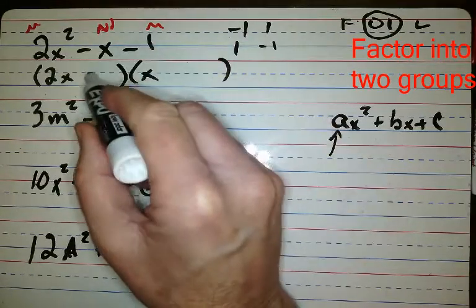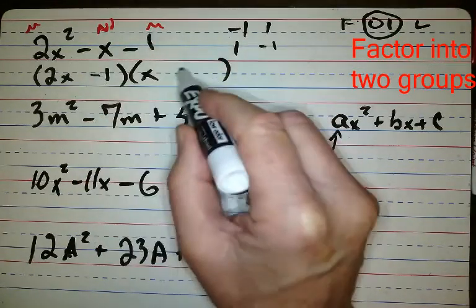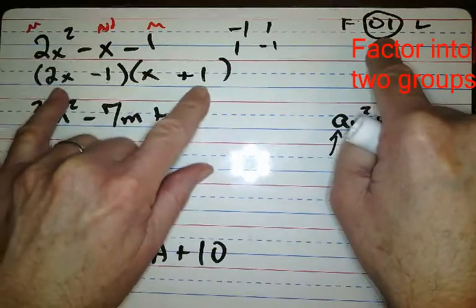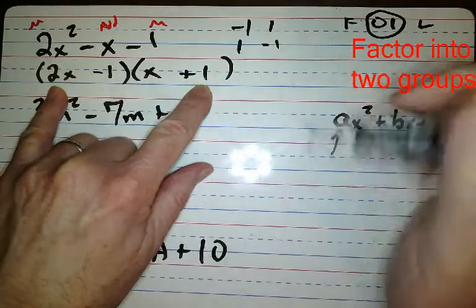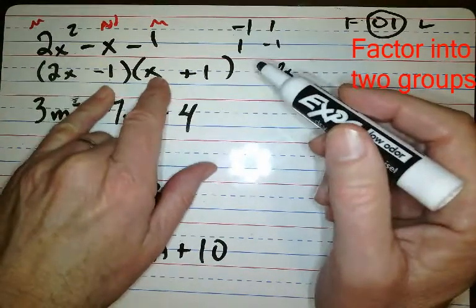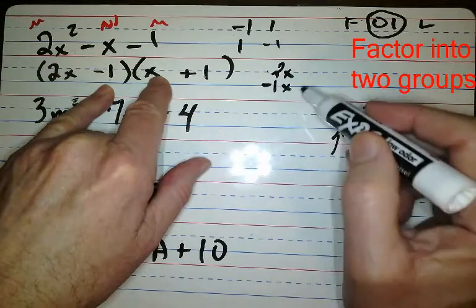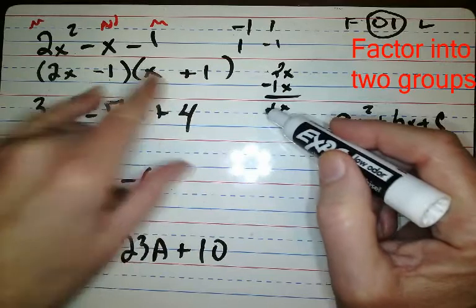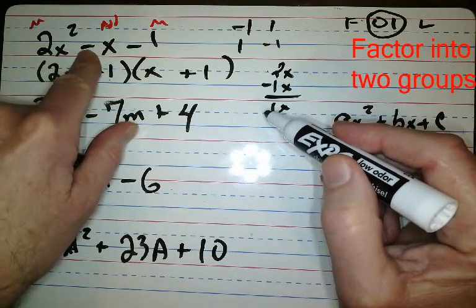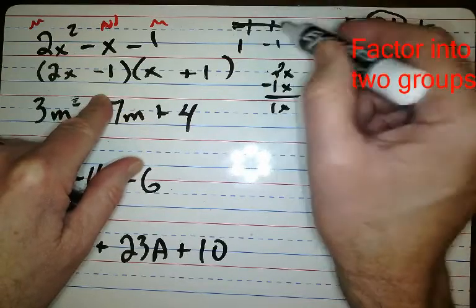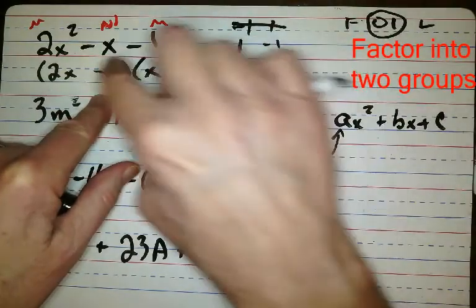You see, if I put it this way, then when I do the outside and the inside, the outside is 2x, and the inside is minus 1x. That would be positive 1x, but see, we want negative 1x. So that means it can't be this one, and it has to be the other one.